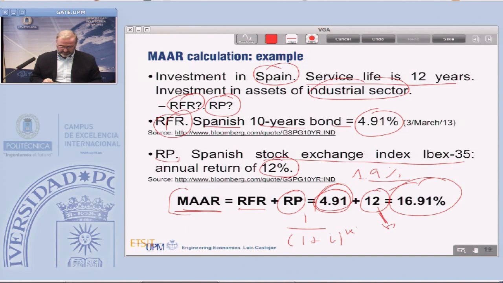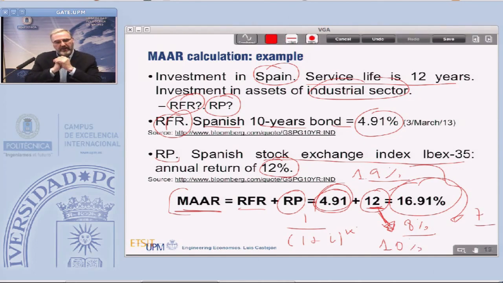This time evolution of price has been quite high, 12%, and in another stock it can be, for example, 8%, which can be a historic average return on the stock market. So in the case of investing in Germany, that minimum attractive rate will be near 10%. So we are 7 points ahead. So are you able to understand what is the consequence of having a higher cost of capital in Spain than in Germany?